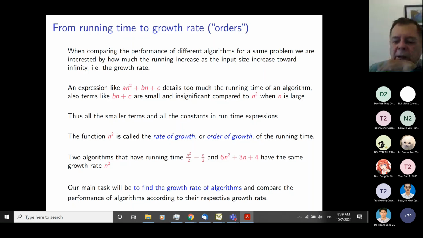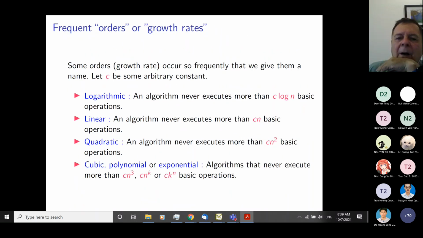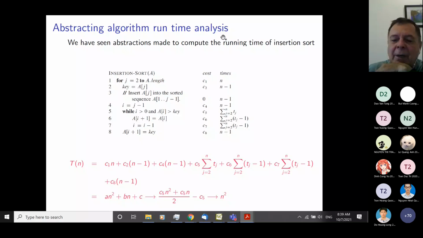Okay, and finally we arrive at expressions that only have a dominant term. We call them orders, because they are going to represent the number of times the basic operation is executed as the input size increases.